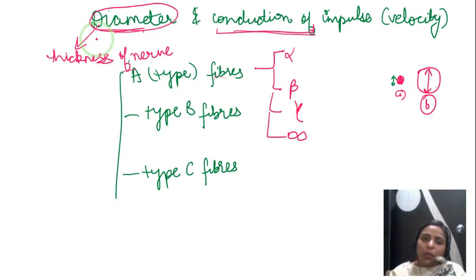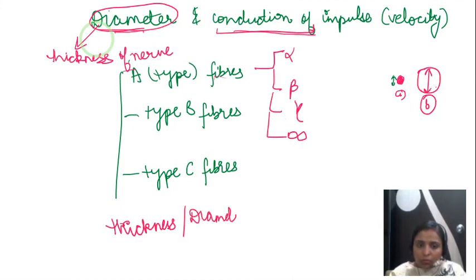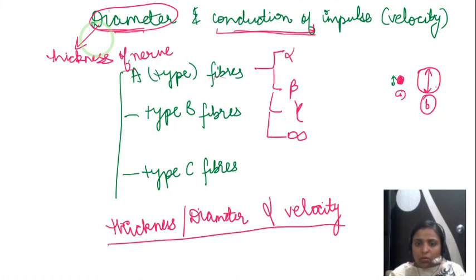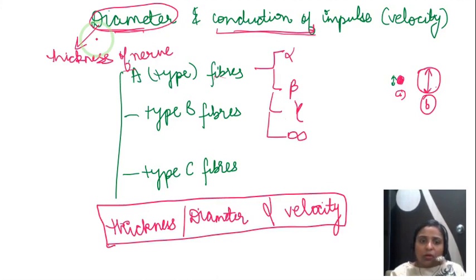That also depends upon the thickness. So what is the relation? Let me tell you. The thickness, or you can say diameter of the nerve, is directly proportional to the velocity of the nerve. What does it mean? It means that if the nerve is thicker, then its velocity would also be high.